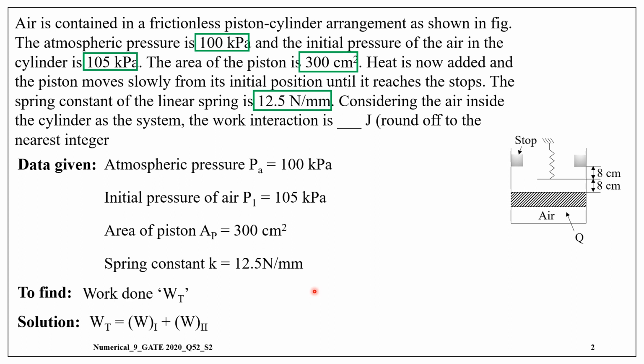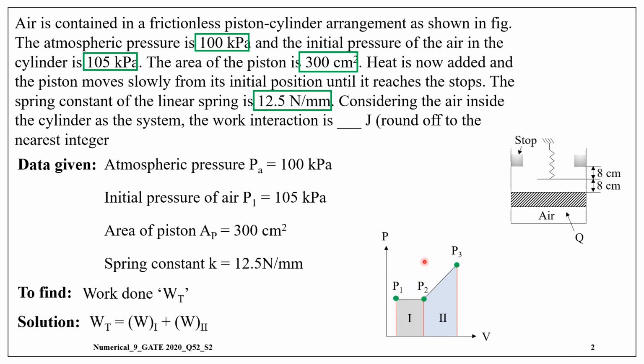This two-step process is plotted in a PV diagram. So during the first step, since the piston moves freely, the pressure remains constant.